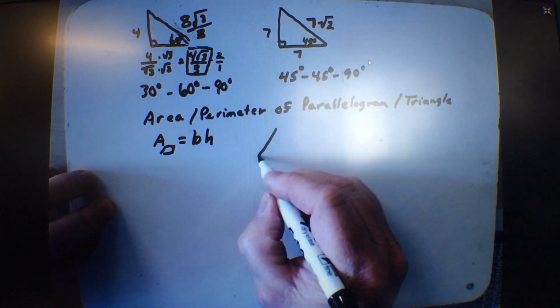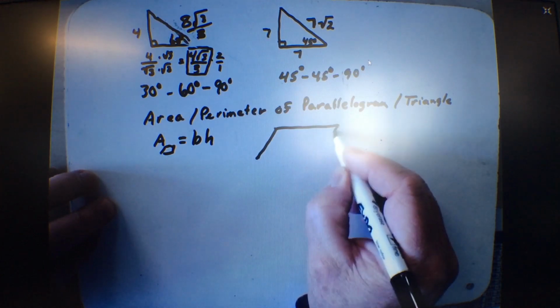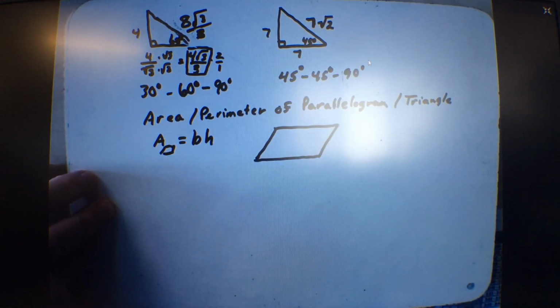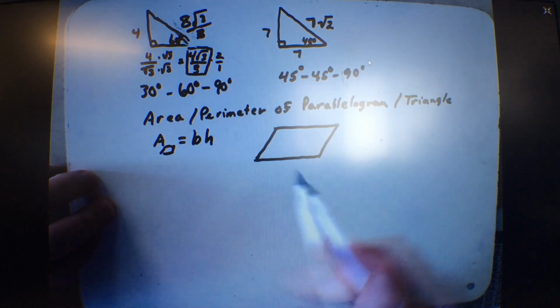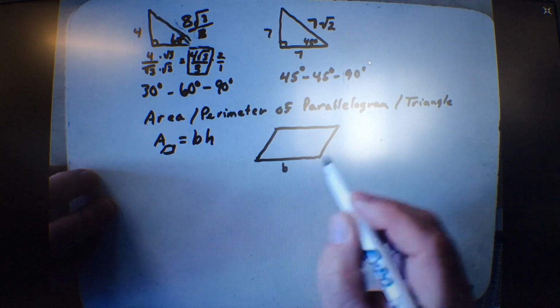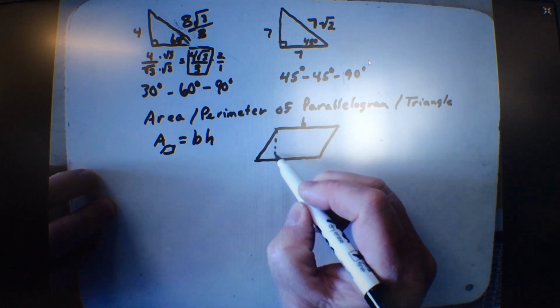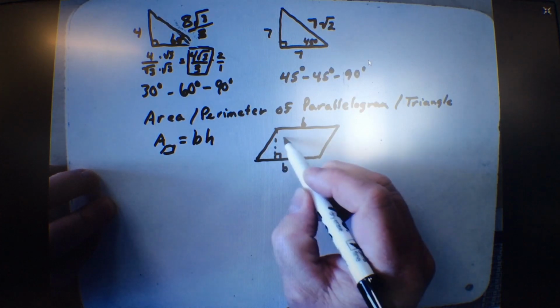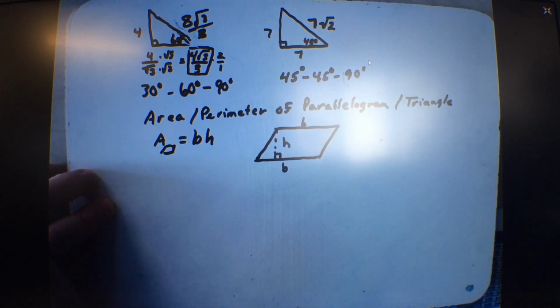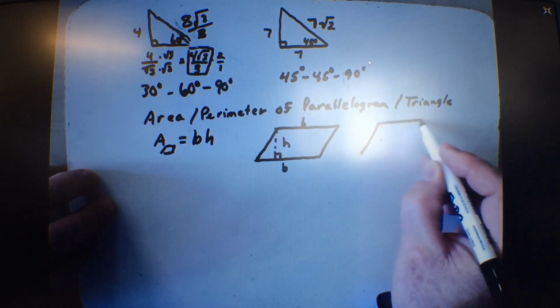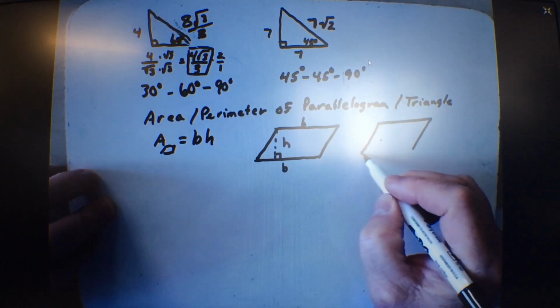Let's take a look at a parallelogram. First of all, either one can be a base. So if this is a base and this is a base, then this is the height, correct? But let's draw the same thing, and this is what a lot of students don't understand.